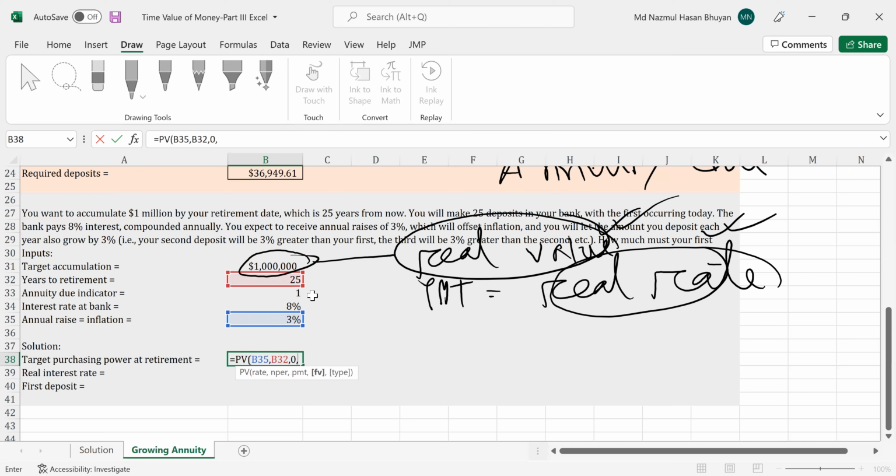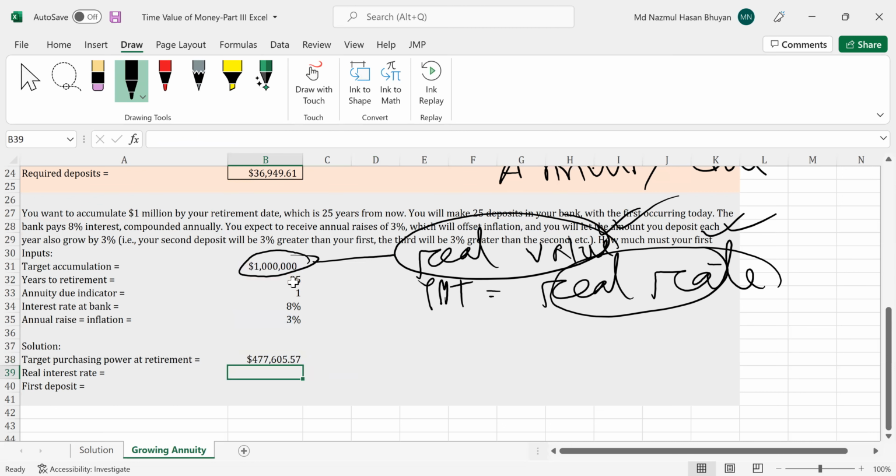And then future value. So this is the real value of $1 million 25 years from now. Now, if we draw the timeline, year number 0 to year number 25, the real amount you want to accumulate 25 years from now is $477,605.